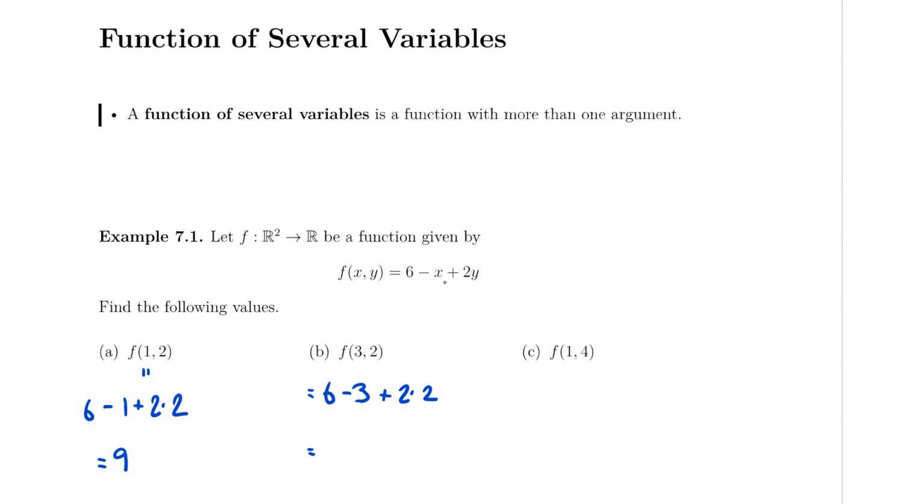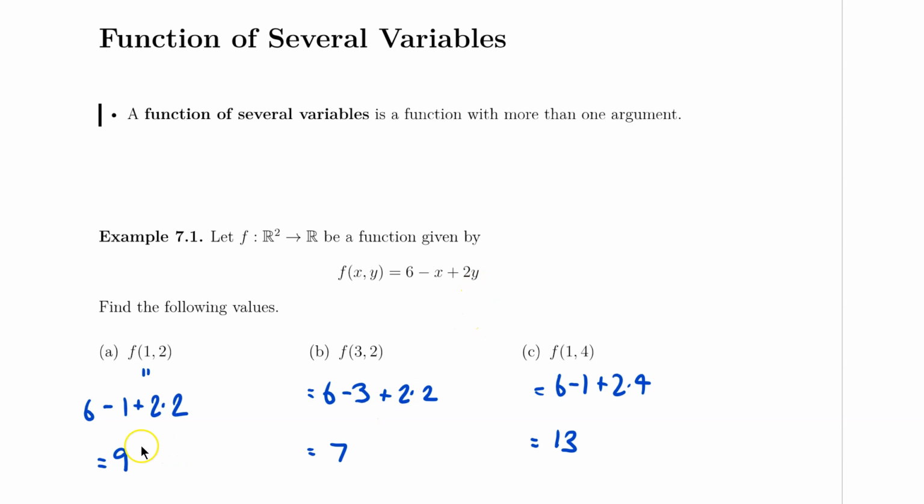This is going to equal 7. And the last one, f of (1, 4), I can once again plug in 1 for x and 4 for y. This is going to be 6 minus 1 plus 2 times 4, and this is going to equal 13.